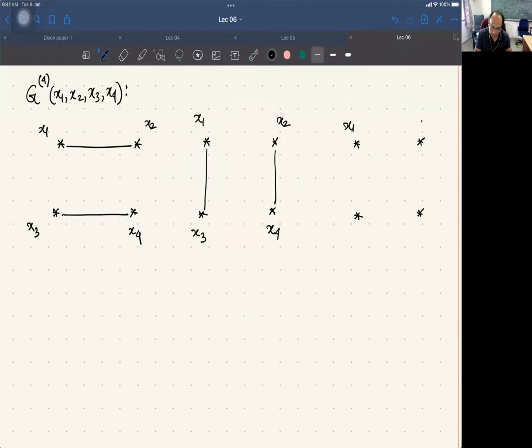So then let me write the names because it is important here. Another possibility is x1, x4 and x3, x2. Basically, what you are doing is asking the question to find all possible topological possibilities. Let us start with any one of the 4 points.